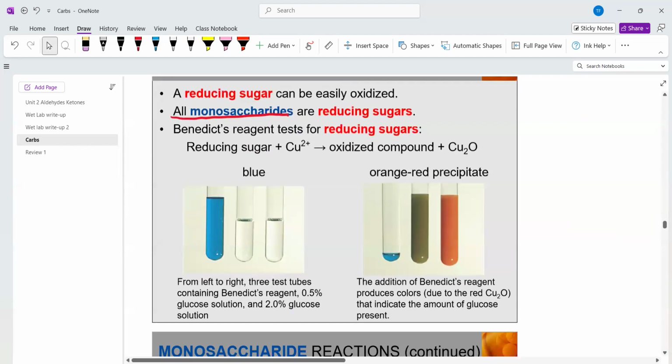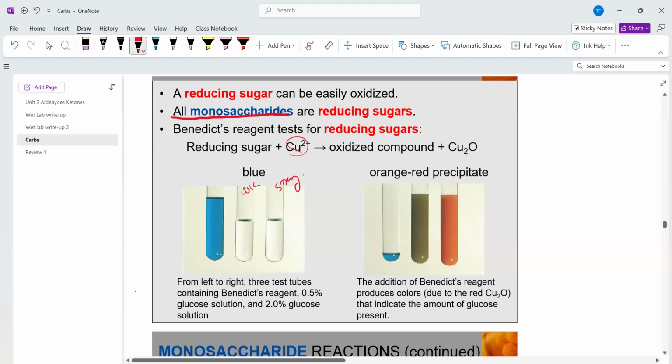All right, so we have Benedict's solution on the left here, and it's blue because of the copper ion. And we have glucose, a really weak solution of glucose, and a really strong solution of glucose. So this is weak, strong.